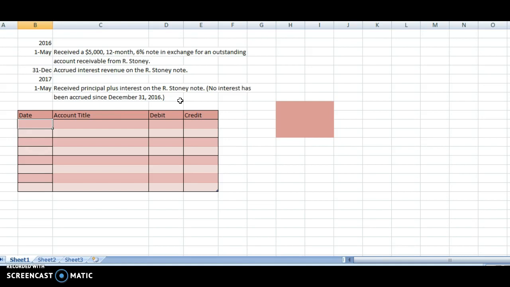So the first transaction that we need to journalize is on the 1st of May. We received a $5,000 12-month 6% note in exchange for an outstanding accounts receivable from R. Stoney.